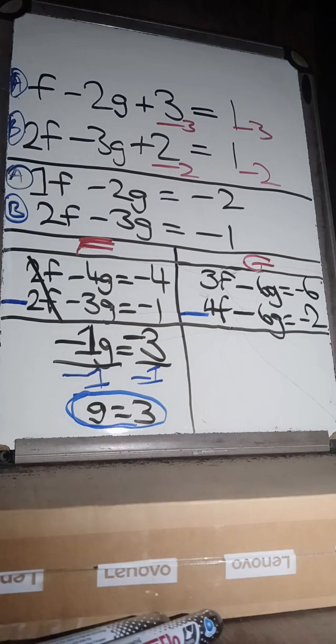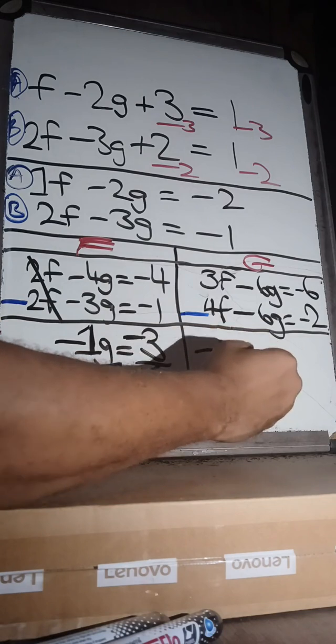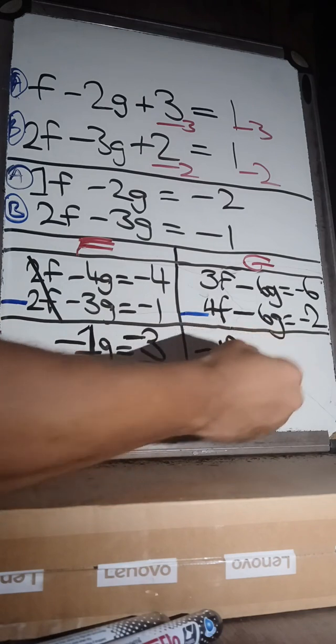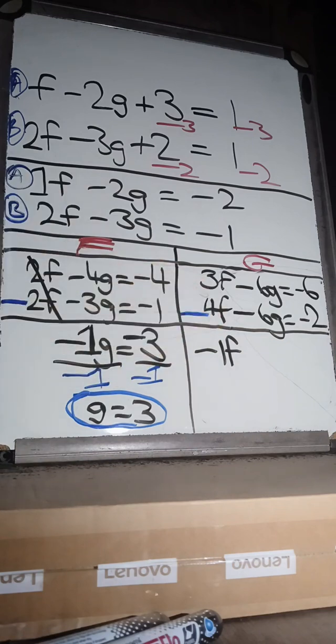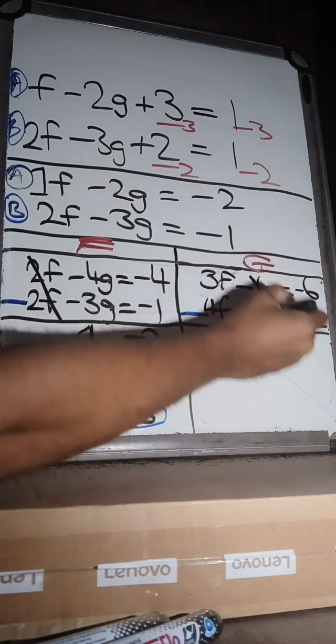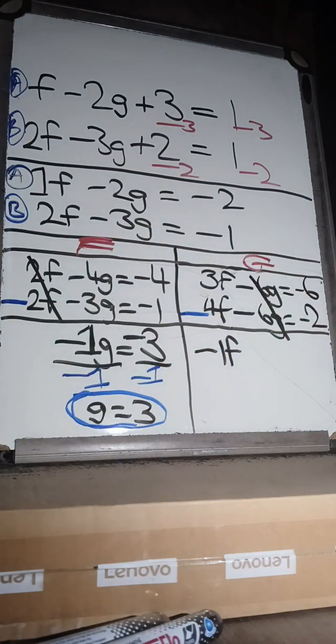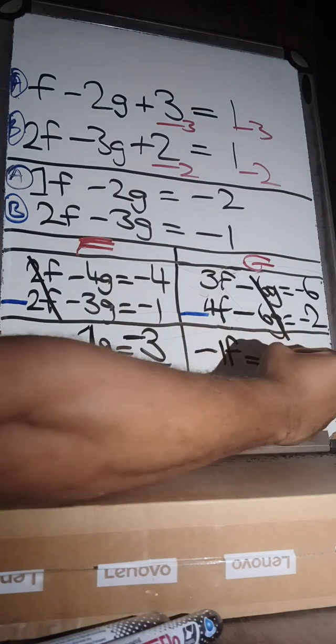Now, going to the other side. 3 minus 4, that is minus 1f. Minus 6 minus minus 6 is minus 6 plus 6, resulting in a 0 right there. Minus 6 minus minus 2 is minus 6 plus 2. That's going to be minus 4.